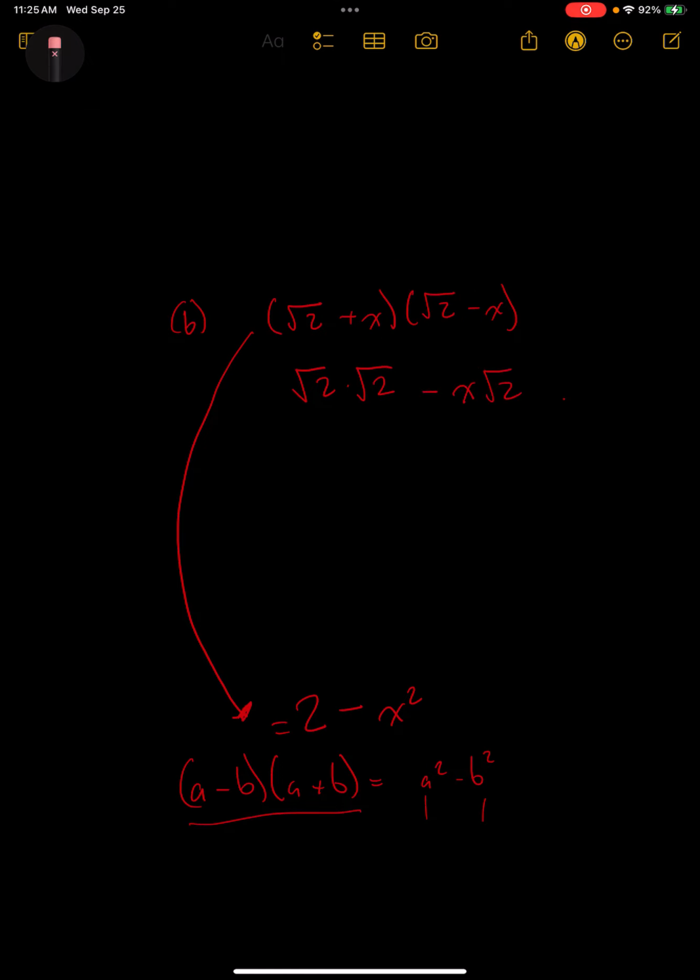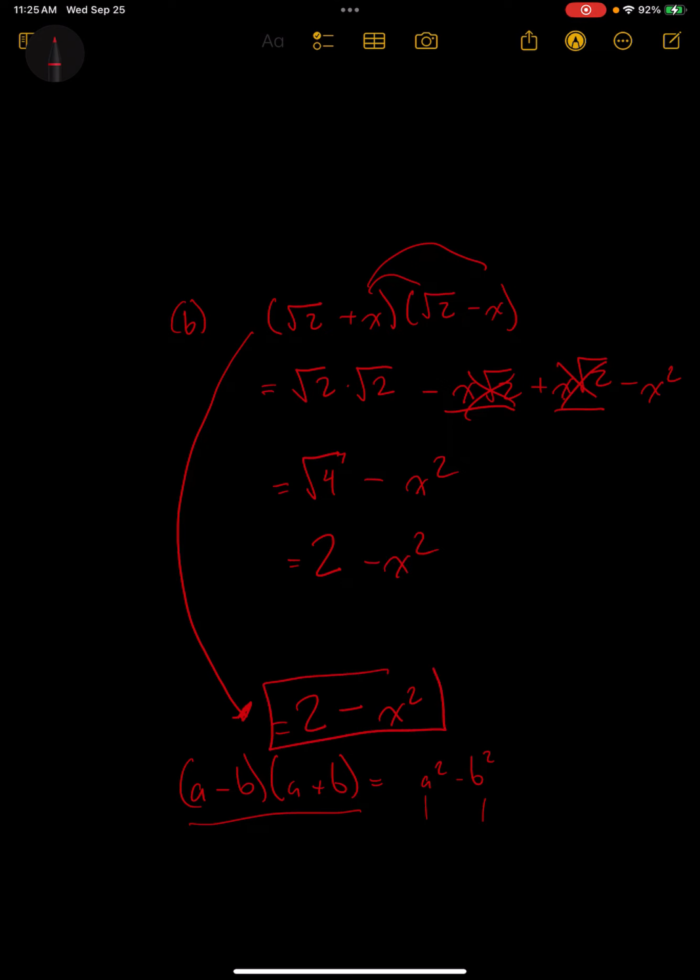Then we distribute the next one, plus x root 2 minus x squared. As you can see, these two are the same, so they cancel each other out. And what are we left with? Root 4, the square root of 4, minus x squared, which is equal to 2 minus x squared. And as you can see, we already had that.